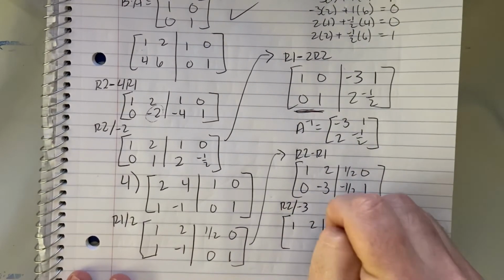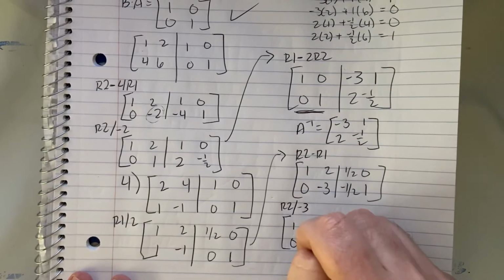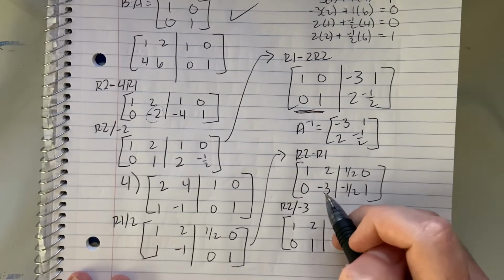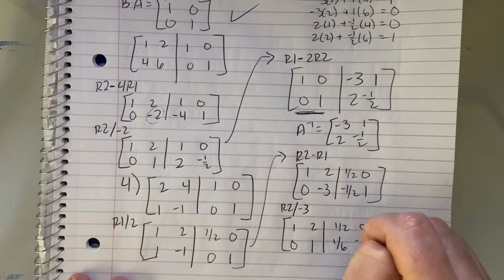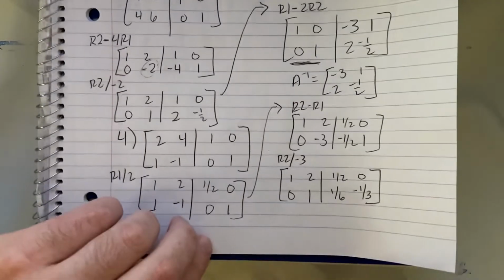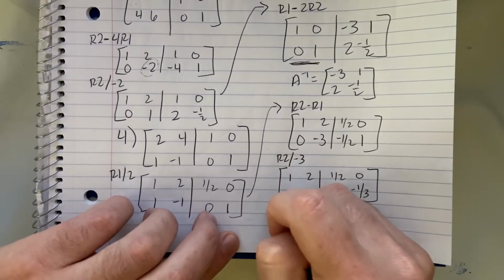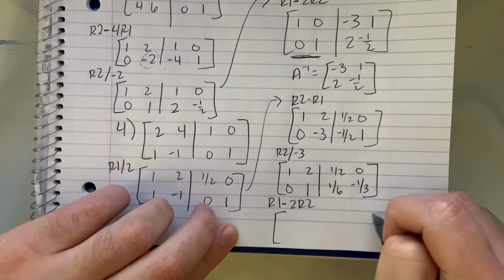Top row stays the same. This becomes 0, 1. Negative 1/2 divided by negative 3 is positive 1/6. This is negative 1/3. And then finally, I've got to zero out this last number here. So this would be row 1 minus 2 row 2s to get my answer.